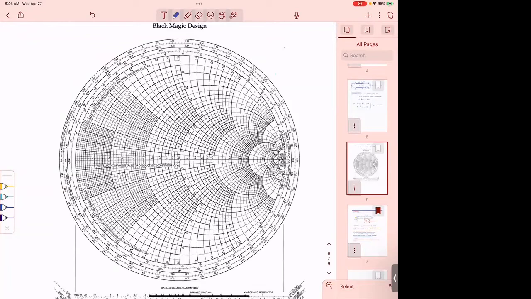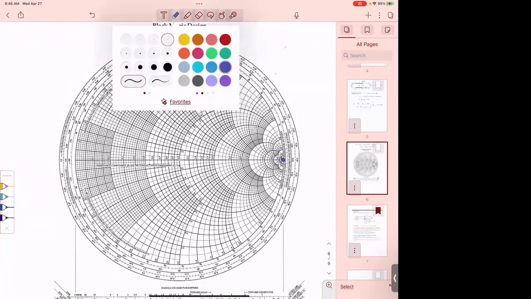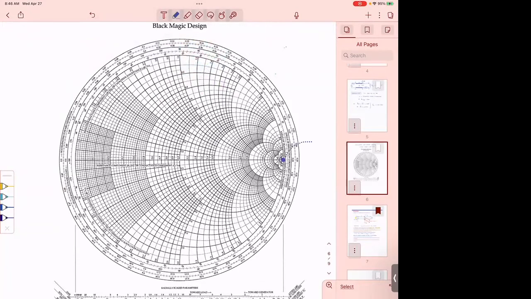Open circuit is an infinite impedance, which means I'm going to go to this point, which is infinite. All right. So I'm going to go here, and this is going to be my Z, excuse me, open circuit.